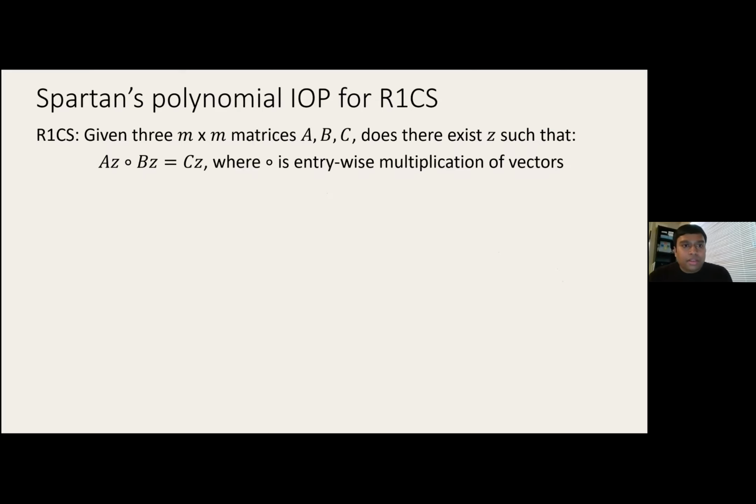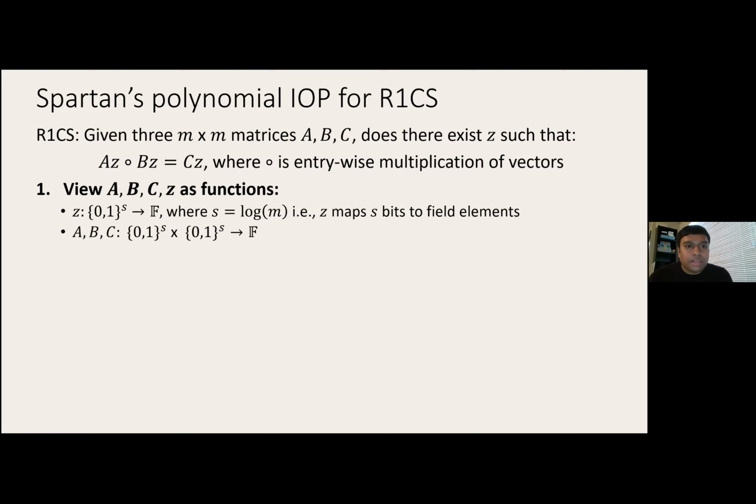A little more detail on R1CS. We are given 3 M cross M matrices A, B, C, and the problem asks, does there exist a vector Z such that A times Z Hadamard with B times Z equals C times Z, where the Hadamard product is entry-wise multiplication of vectors. The high-level idea here is that we can view these matrices and vectors as functions.